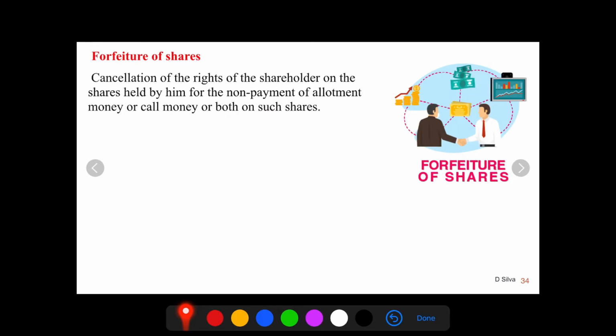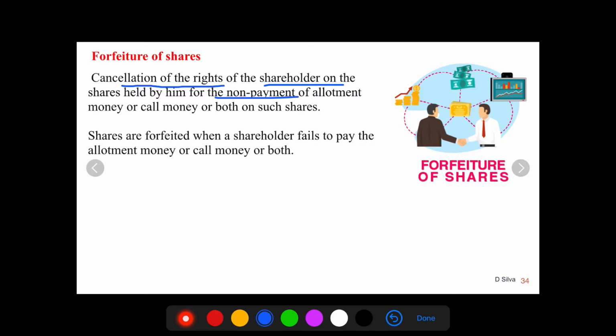Now students, in the previous problems you have observed that some of the shareholders do not pay the money on the first and final call. When the shareholders do not pay on any of the calls or maybe on allotment as well, in such a case the company is going to cancel their right as shareholders. The reason is because they haven't paid the money.